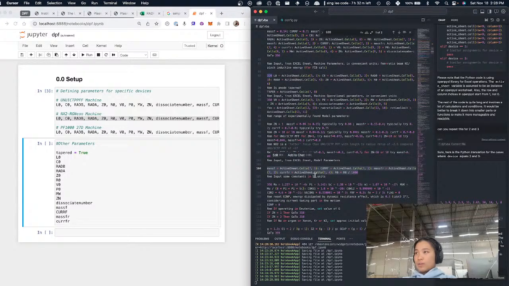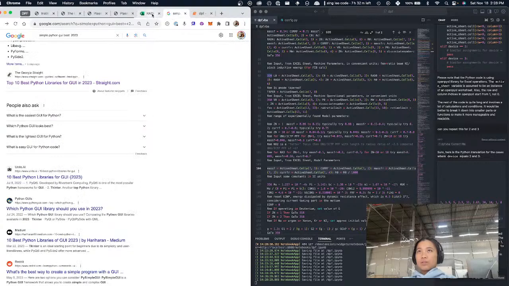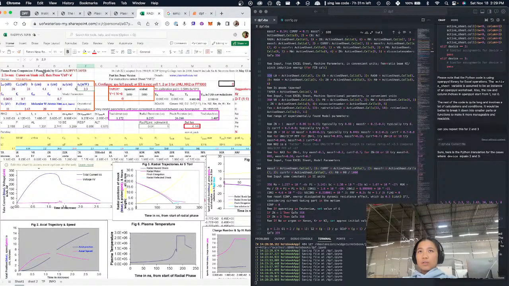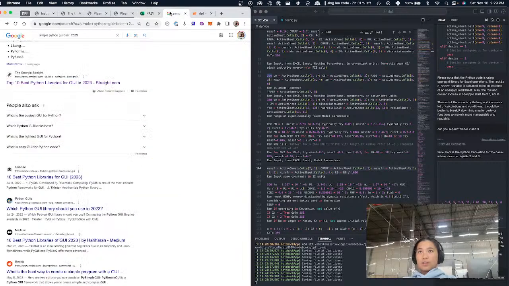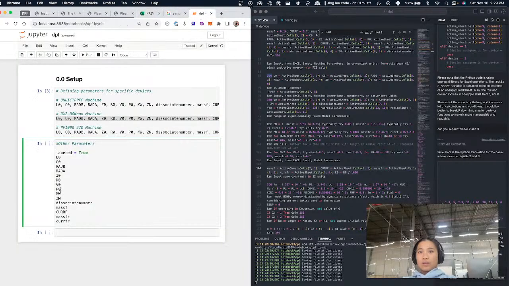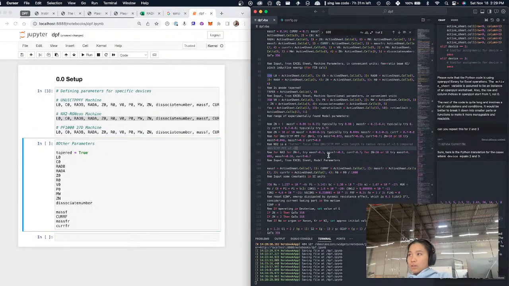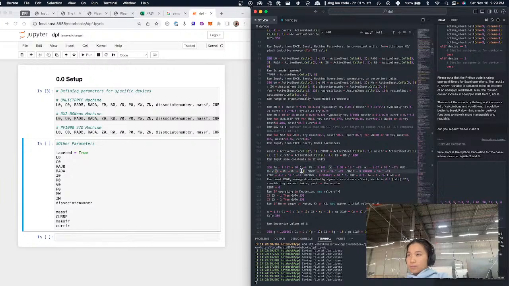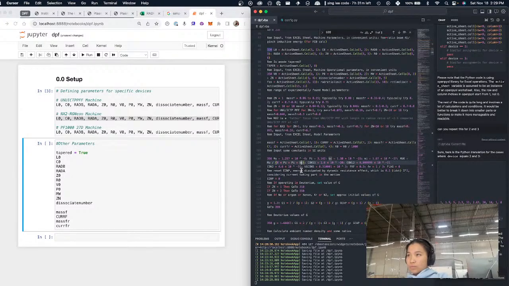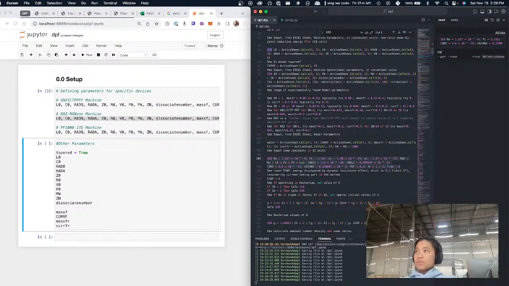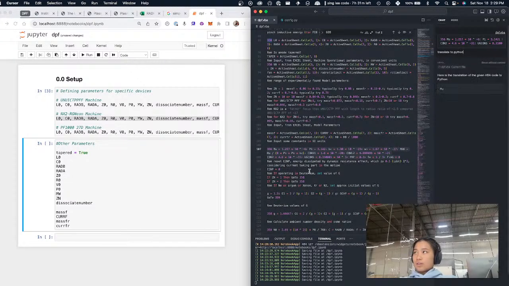Okay, so it's these values next. Oh, right, it is these ones. Yes, and these are just constants.